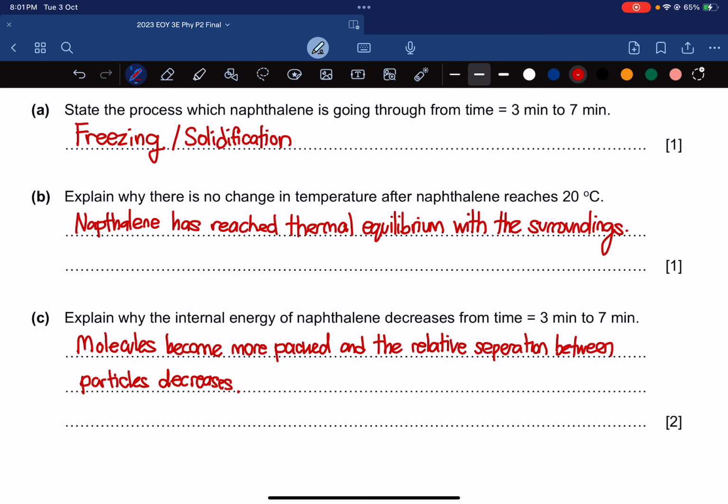Since we know that internal energy is made out of two things, internal potential energy and internal kinetic energy, and at constant temperature, internal kinetic energy has no change. Therefore, in terms of internal potential energy, since the relative separation of particles decreases, this directly affects the internal potential energy. Hence, internal potential energy decreases, and this leads to internal energy decreasing.